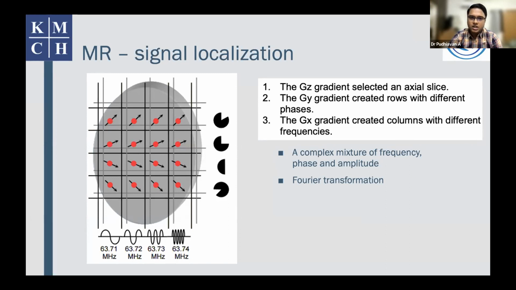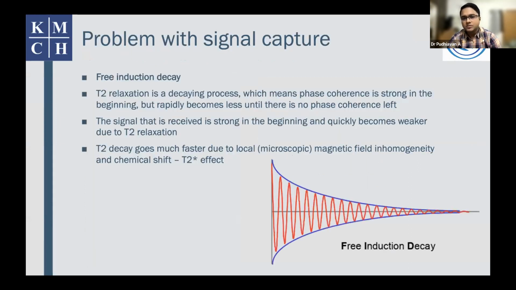We have given an RF pulse, and we have got back an MR signal, the RF signal from the protons in the body. But this is not sufficient for image formation. When we get the signal from the protons, we are faced with a problem. I told you there are two relaxation processes that happen simultaneously, T1 and T2 relaxation.